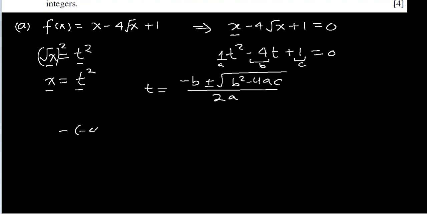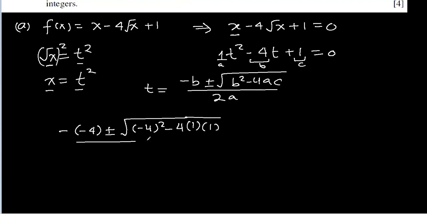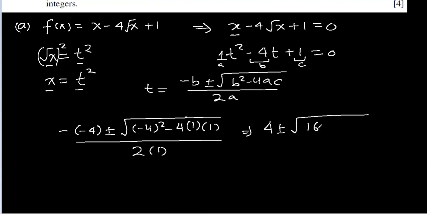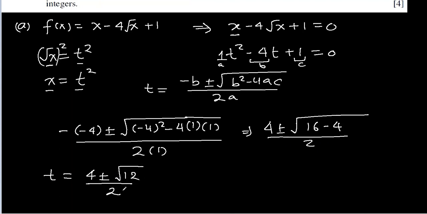So minus of minus 4, plus minus square root of B square, minus 4 square again, minus 4 times 1 and 1, divided by 2A. Alright, so it becomes positive 4 plus minus square root 16 minus 4 times 1 times 1, okay, 2. So we get t equal to 4 plus minus square root 12 over 2.